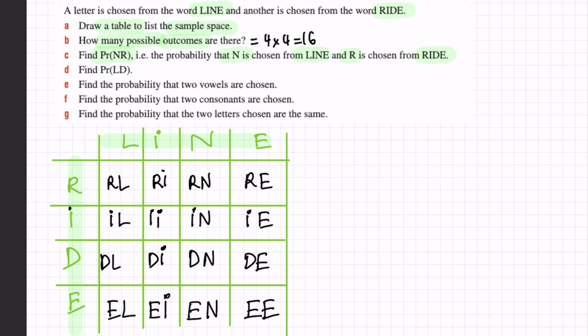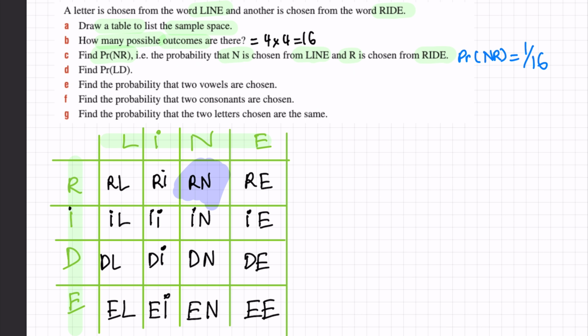I highlighted it in purple, and it's the only successful outcome that we see. So the probability of N and R equals 1 out of all the possible outcomes, 1 out of 16.